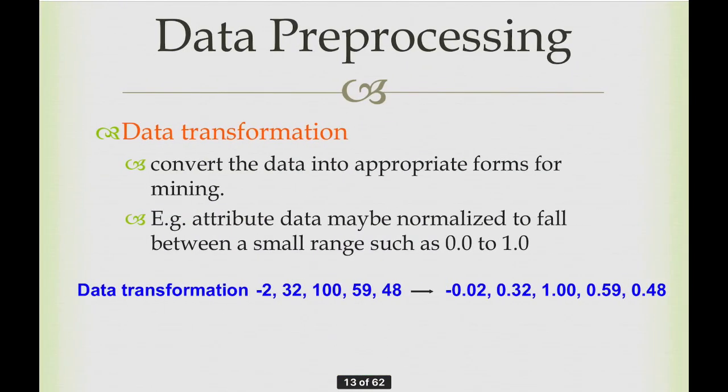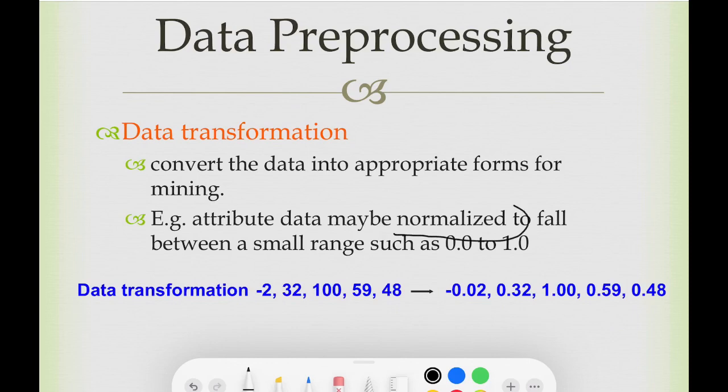Data transformation meaning that we are going to convert the data into appropriate form for data mining. Sometimes data kita tu dia terlampau besar range dia, for example, 0 up till 10 million. So, kita ada banyak kosong. Sebenarnya kat situ 1 million meaning besar lah range data kita. So, we can normalize ataupun kita boleh transform data kita untuk fall into small range, such as from 0 to 1 only. So, this is better for our modelling lah.